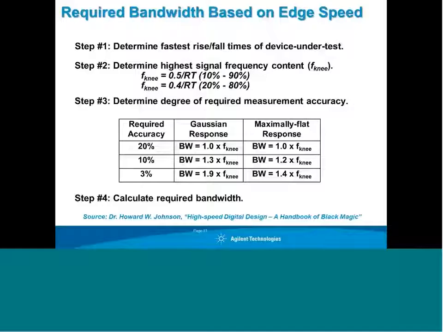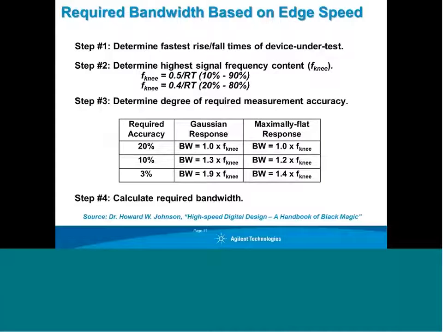If you go back to a particular device specification, some devices will specify those rise times based on a 10% to 90% criteria. More higher speed devices today typically specify the rise times 20 to 80%. So let's take, for example, rise time specified 10 to 90.